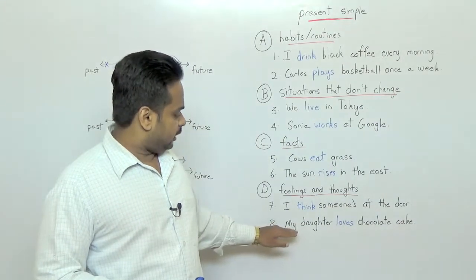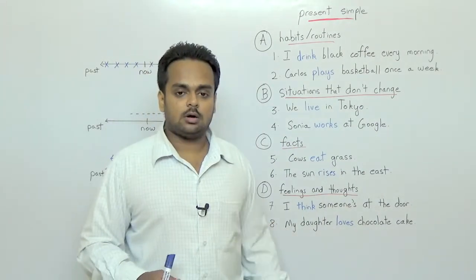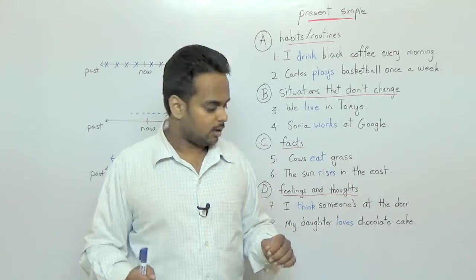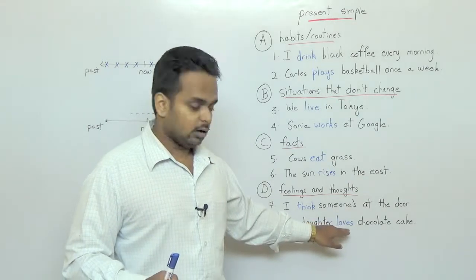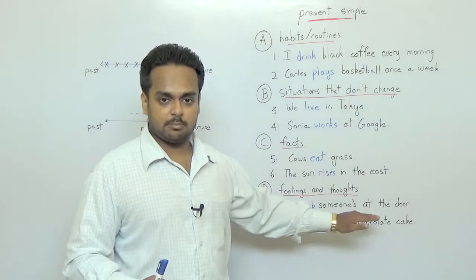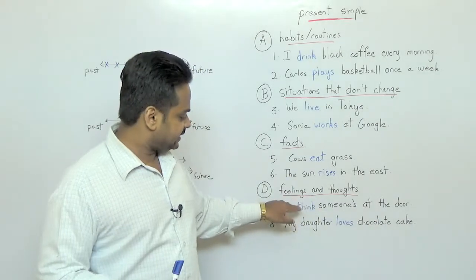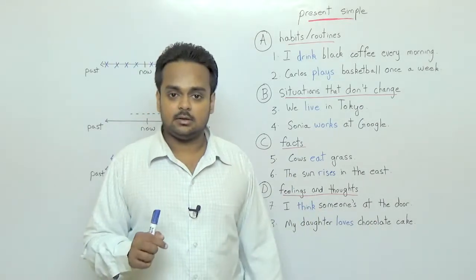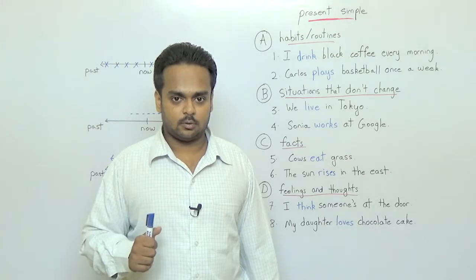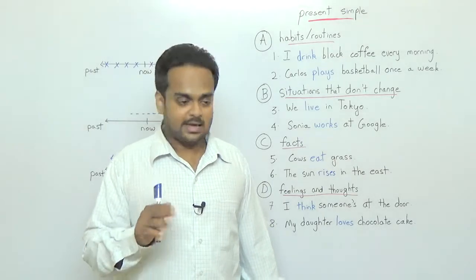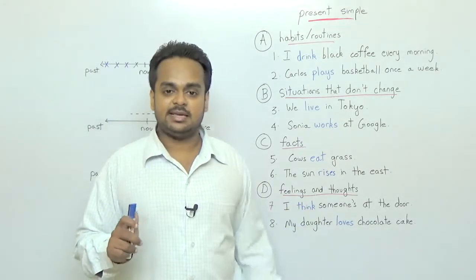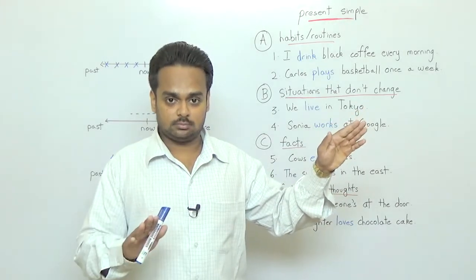So for example, in number 8, my daughter loves chocolate cake. So there's a feeling verb, love, and I use the present simple tense. Notice that in this sentence, I am thinking right now. Okay? But still, I am not saying I am thinking someone is at the door. That is wrong.